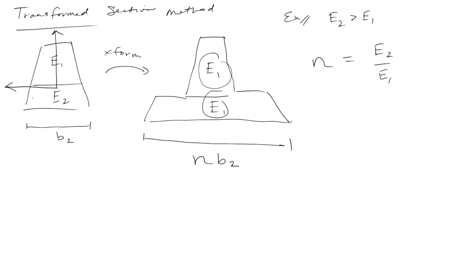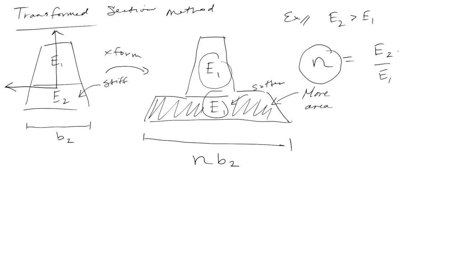Conceptually, what you should see is that if this is really stiff, and you want to change it into a softer material, then for it to carry the same amount of axial load, which is distributed over area, you're going to need more area. And the amount of area more that you need is embedded in this factor n, which is just the ratio of the stiffnesses.